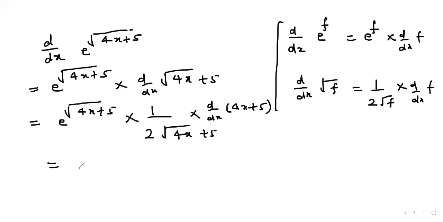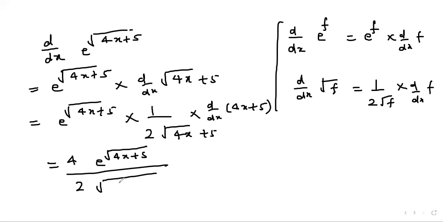So our answer will be 4 times e to the power root of 4x plus 5 divided by twice of root of 4x plus 5. So we will get 2 times e to the power root 4x plus 5 divided by root of 4x plus 5. Now, let's see some other questions.